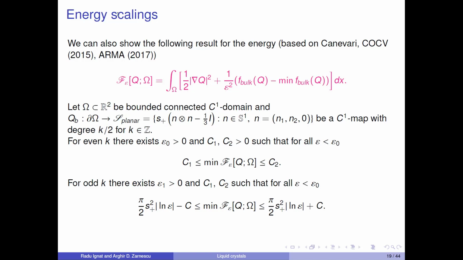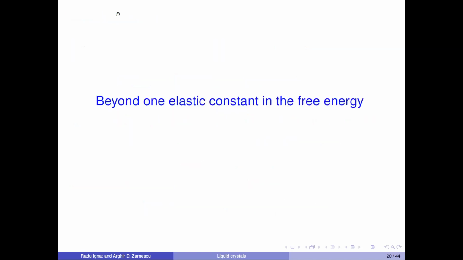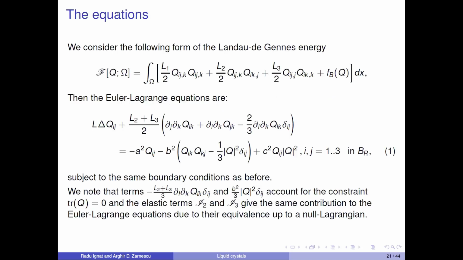Let me show you briefly that there is a whole group of things that can happen. You can consider several elastic constants. So you don't have just the gradient of Q squared. You have these other kinds of gradients. This is like a divergence, with summation over repeated indices, Qij comma j, so it's like the divergence of Q squared.